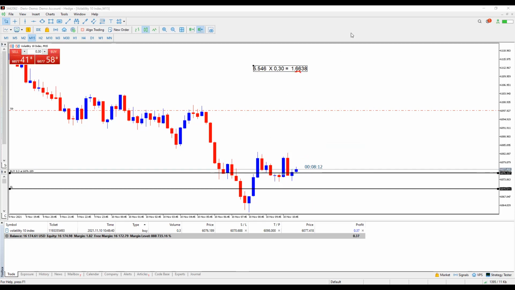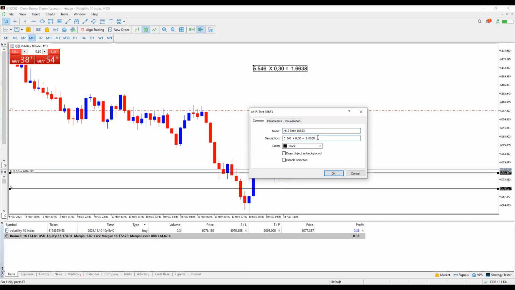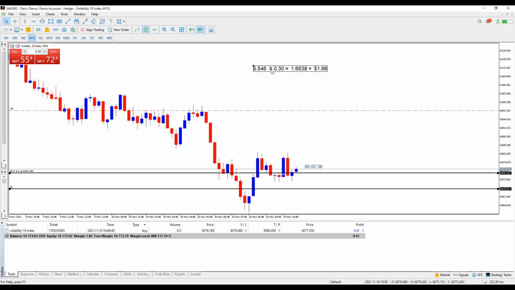So what it means is that if I use this lot size, which is 0.30, for my stop loss distance I'm going to lose $66. This is just the simple calculation that you do.